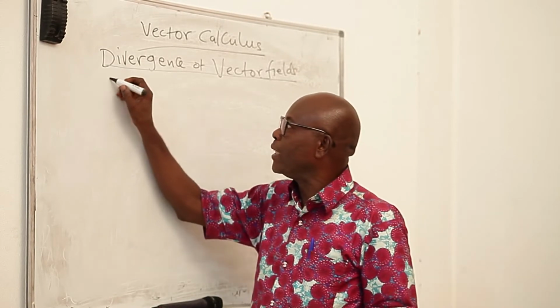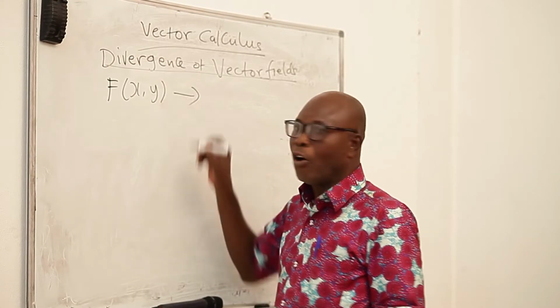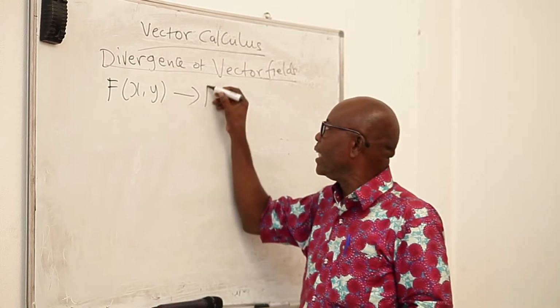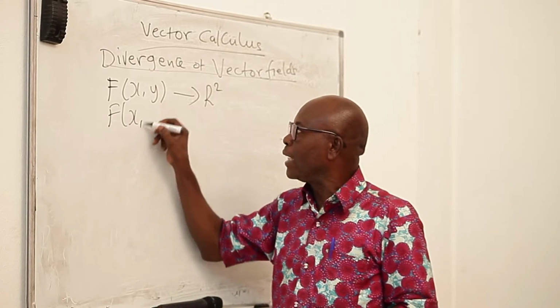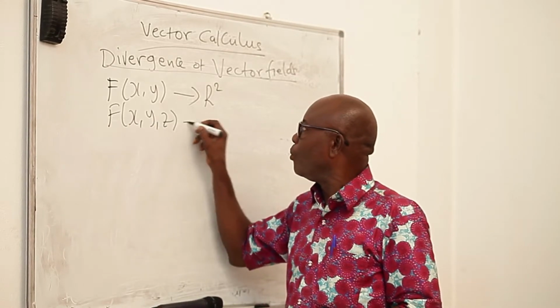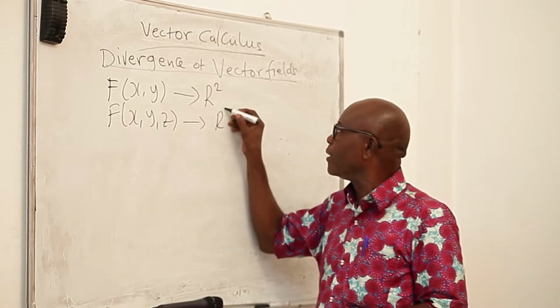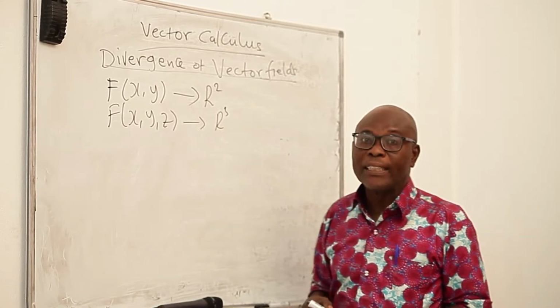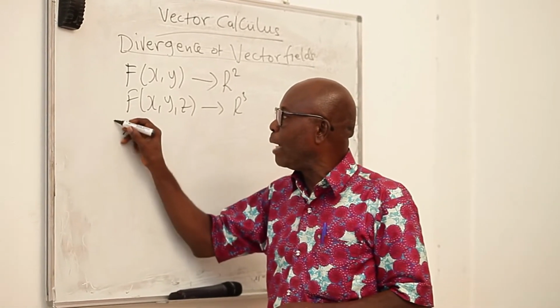Given a vector field f(x, y) when we are talking of two dimensions, and then f(x, y, z) when we are operating in three-dimensional space, we also learned in the previous video that we have a del or nabla.